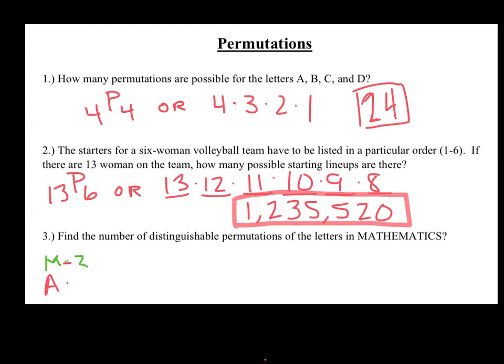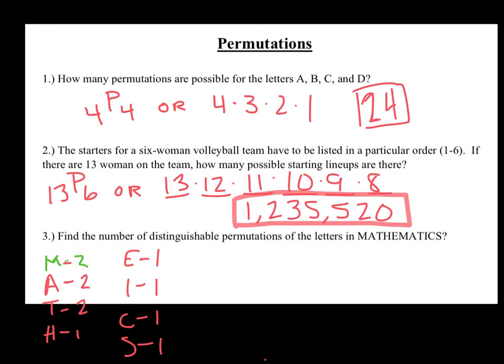A occurs twice. T is twice. H is once. E is once. I is once. C is once, and S is once.